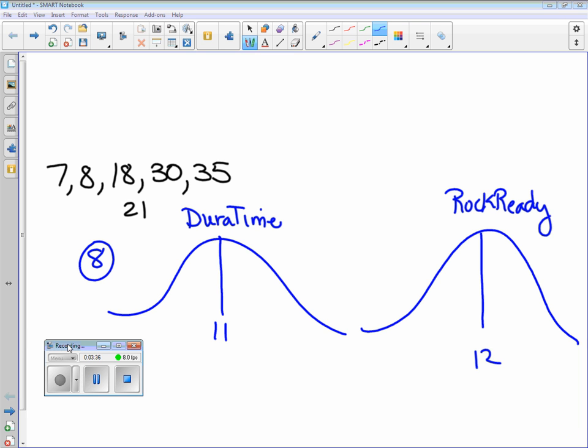Because if it has a large standard deviation, that means it could range all over the place. Okay, that's true, but what does it have to do with what I said earlier? Okay, still what does it have to do with? If I'm comparing distributions, and I want to know whether Dura time or Rock and Ready is better, you guys just told me, what do I need to do?